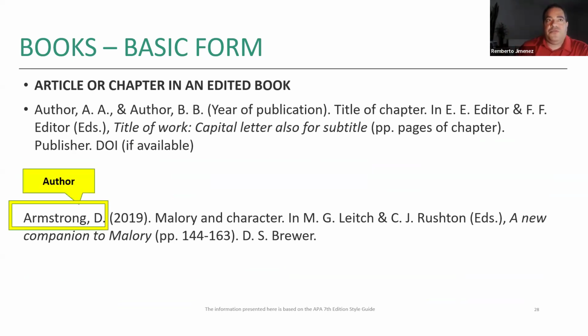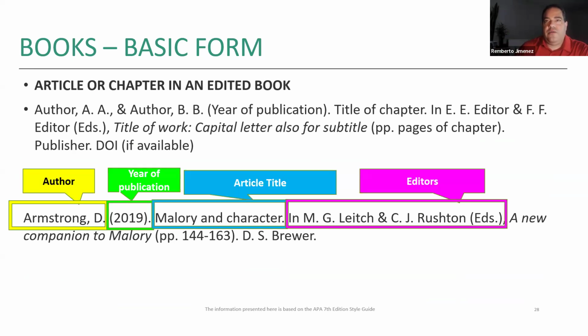Again, if you're looking at an article or chapter inside of an edited book, which could happen for some of you, you still include the author, year of publication, the article title. Sorry, it's been a very long time recording this late in the evening on Saturday. The editors, because again, it is an edited book. We're pulling a chapter and article from an edited book, and there are specific editors.